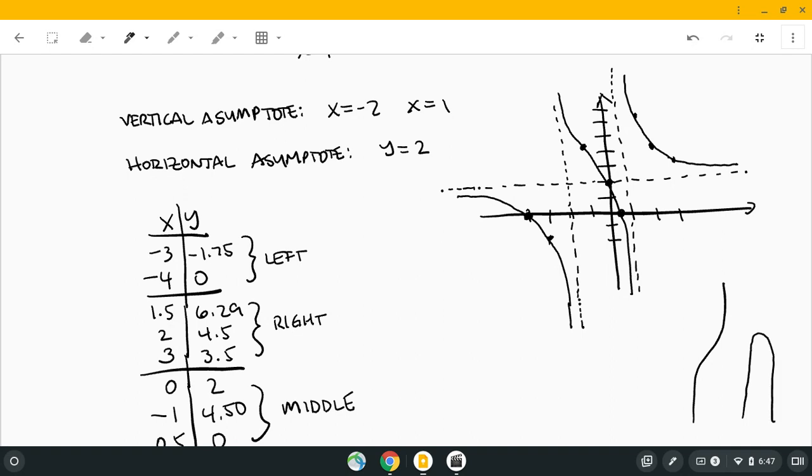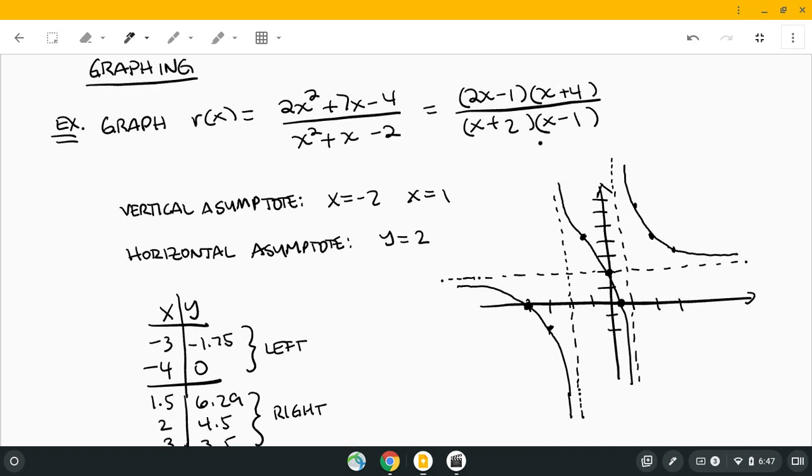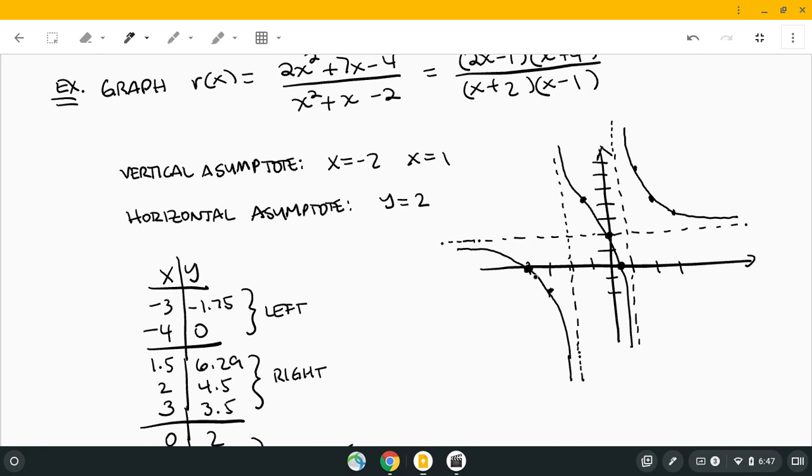They might be a little bit crooked, but that's generally the case for the middle section, okay? All right, so that's basically what you do here for the graphing. You get your vertical asymptotes, you get your horizontal asymptotes, and you get some points for each section, left, right, and in the middle, and you plot.